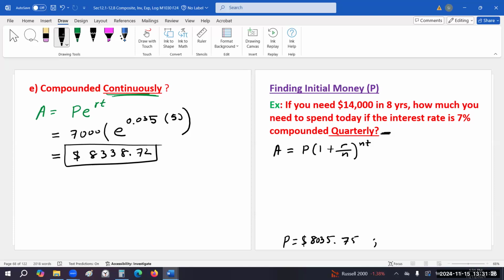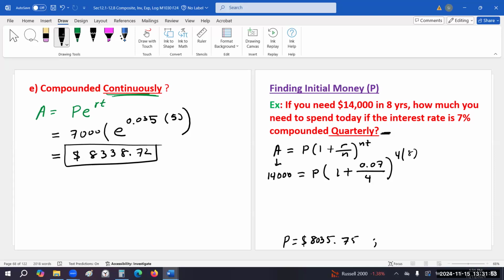Okay, so what's the final amount? 14,000. Initial, we have no idea. What's the interest rate? 7, but 0.07. How many times? 4. For how long? 8.